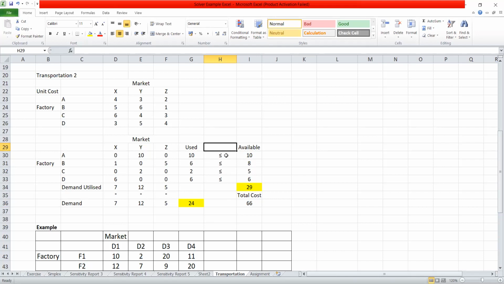Therefore, we don't need to put the equal sign here. Instead we put the less than or equal sign. We can use this 10 as it is or less than 10. We can use this 8 units from factory B as it is or less than that. We can use this 5 as it is or less, or this 6 as it is or less.